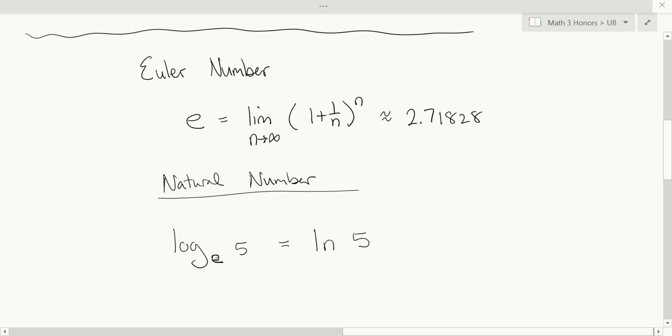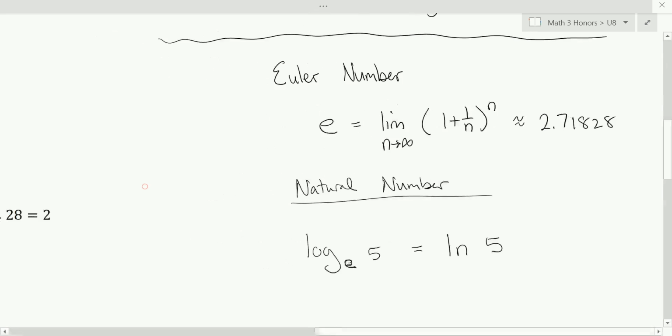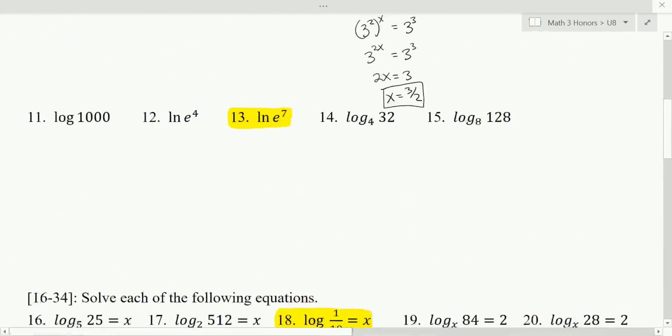It means the same thing. It's kind of shorthand. ln, n for natural, l for log. It goes backwards. It's log natural or something like that, right? But ln of 5 means log base E of 5. Okay. Let's go back to that problem. Number 13.